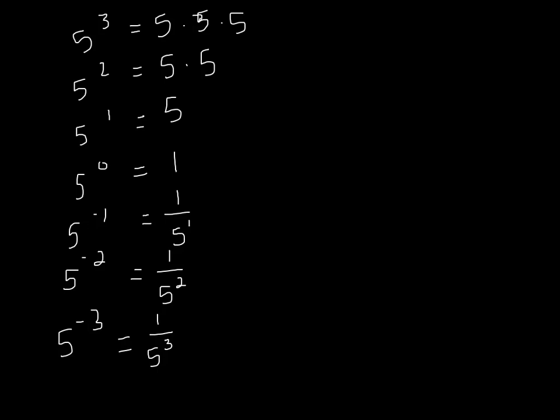So if I wrote a to the negative 4 power and said please write this in only positive exponents, then you would write the answer as 1 over a to the 4th power. That would get rid of your negative exponent for you.